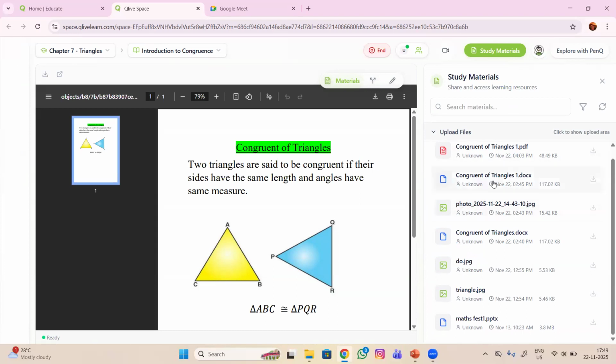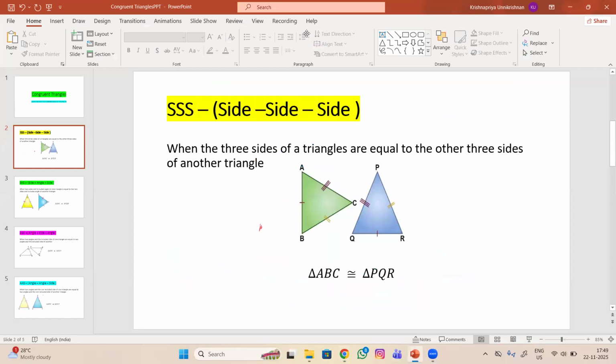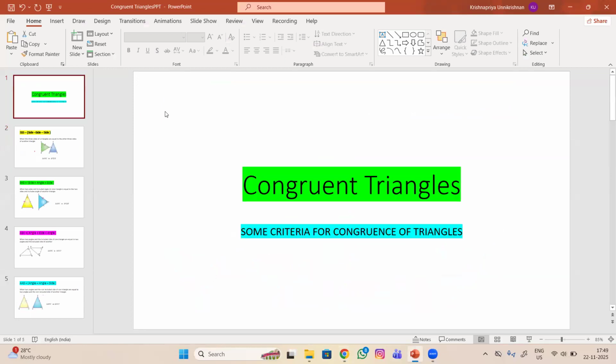Just go through the criteria of the congruence of triangles. There are some criteria for proving the congruence of triangles. These are the main things in this chapter, and we will discuss them in later classes also. Just go through this slide. Okay.